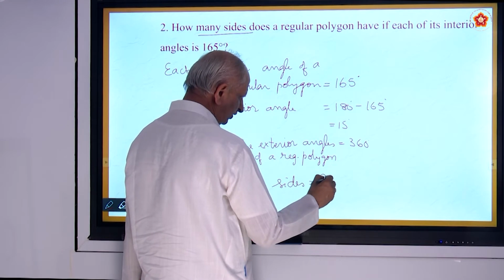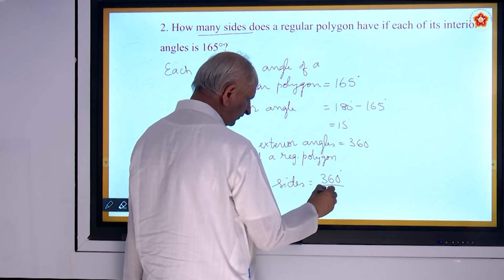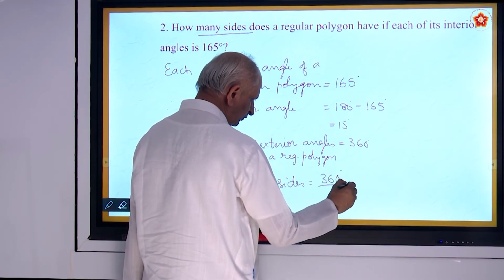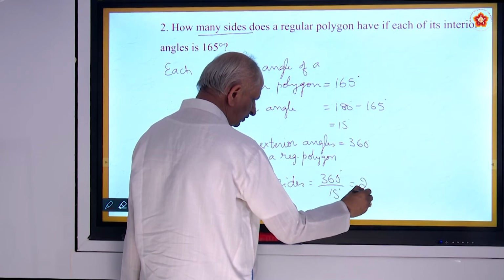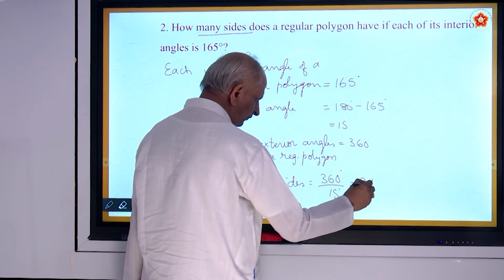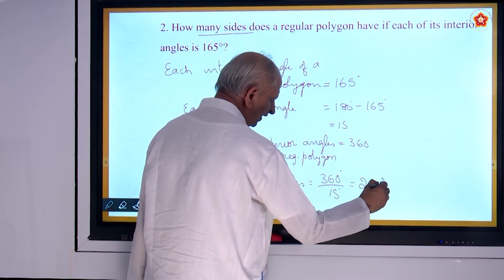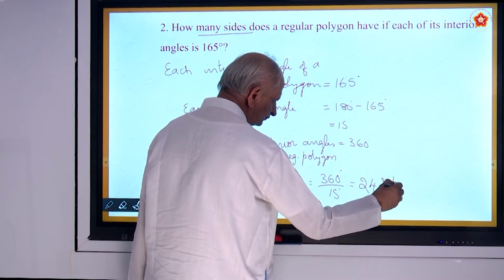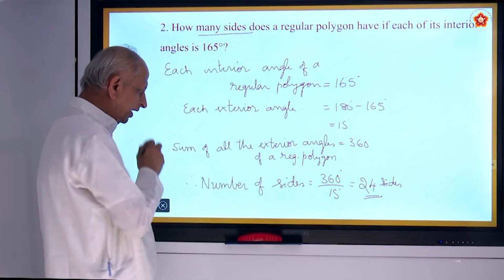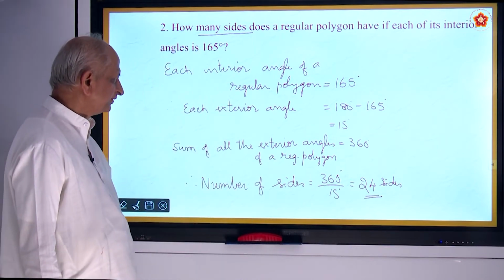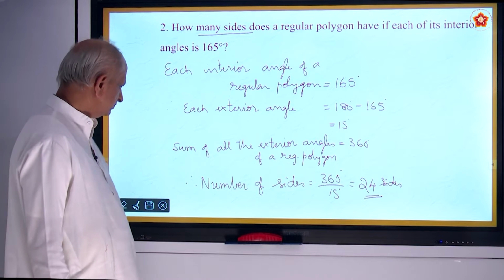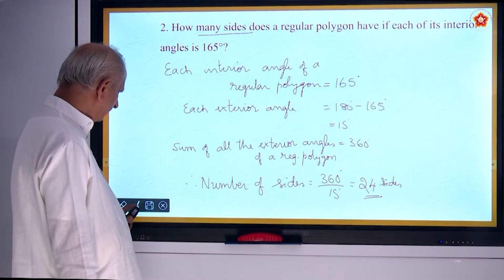So 360, each angle is 15. So 15 2s are 30, 15 4s are 60. So 24 sides. That polygon will have 24 sides. Okay. Shall we move on to the next problem?